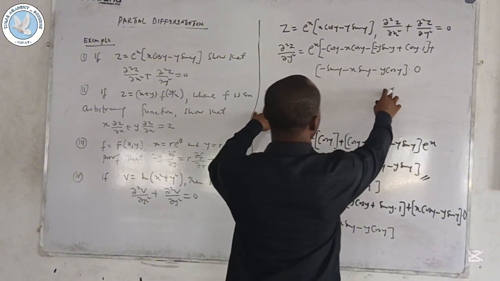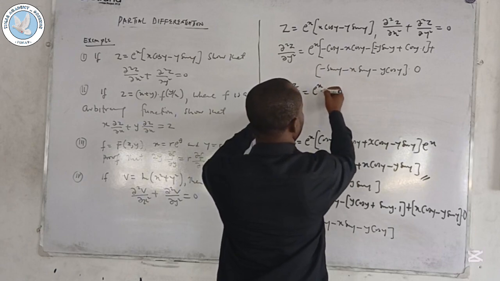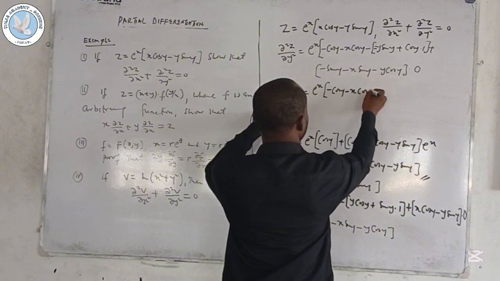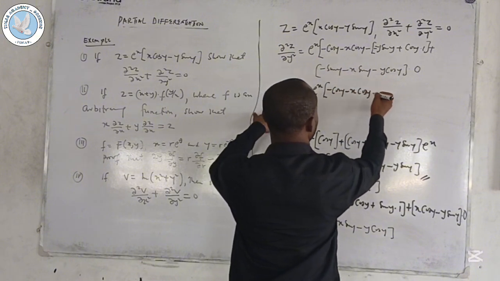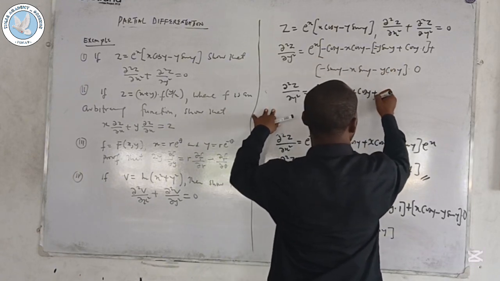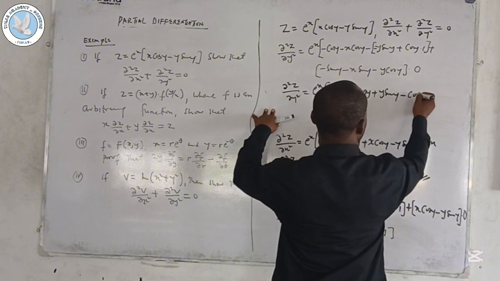This is 0, exponential x into minus cos y minus x cos y. This is minus, that's plus x sine y minus cos y.